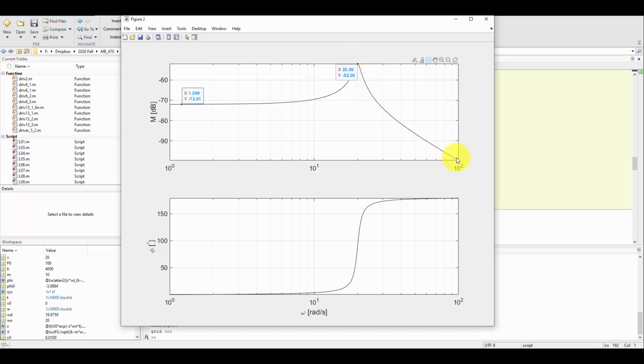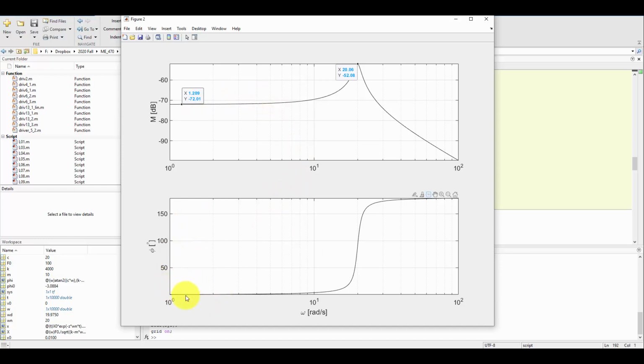And then at higher frequencies, the magnitude goes down. That's typical for a damped 1 degree of freedom forced system. If the driving frequency is at or near the natural frequency, we're going to have a peak. For large driving frequencies, the magnitude is going to start to go down. And for low driving frequencies, we're going to have a fairly consistent magnitude, the ratio of the output to the input.